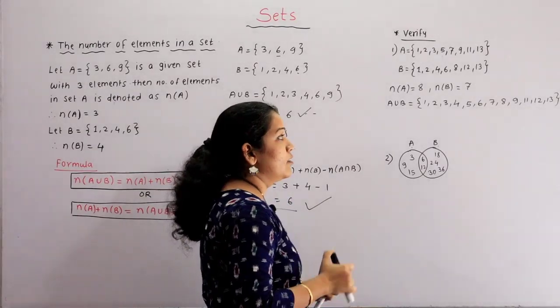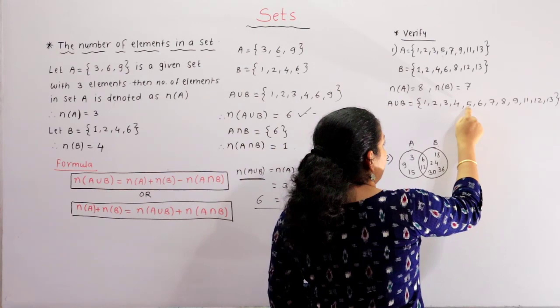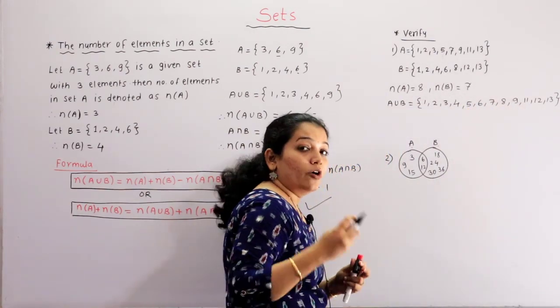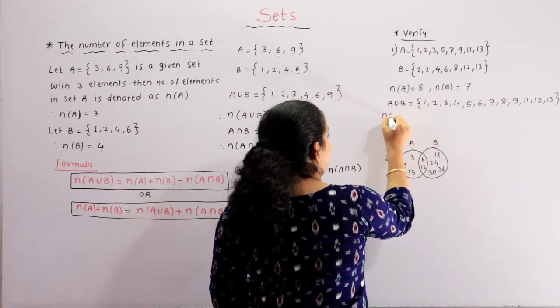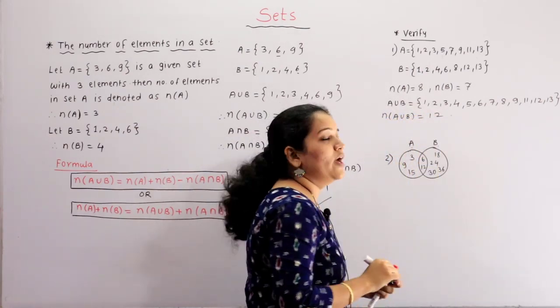So you have to write it 1 time only. So how many elements are there? 1, 2, 3, 4, 5, 6, 7, 8, 9, 10, 11, 12. So what is n of a union b? n of a union b is 12.